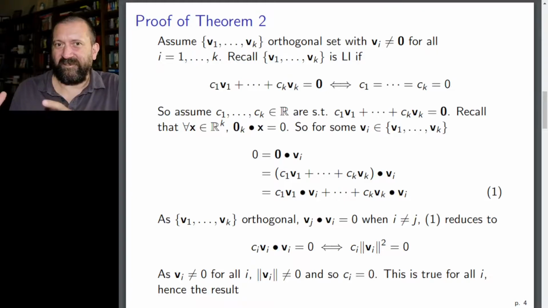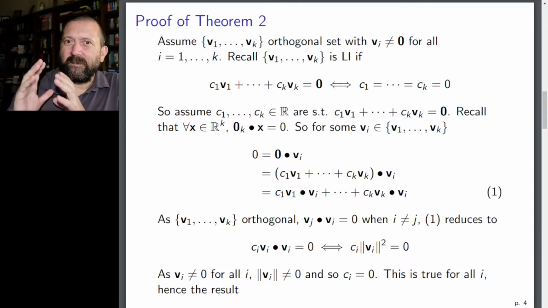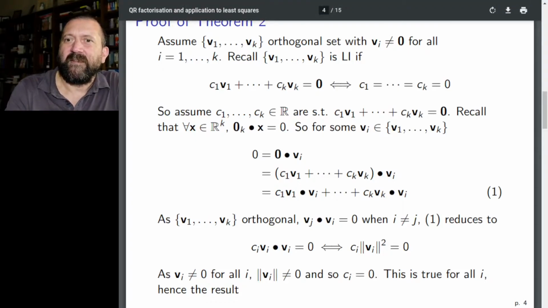So a set of vectors v1 to vk is linearly independent if the only way for the linear combination of all those vectors multiplied by scalars, okay, so c1 to ck are scalars, and I'm multiplying c1 by v1, and adding all of that, if the only way to get the zero vector when you're taking these linear combinations is for all the coefficients to be zero.